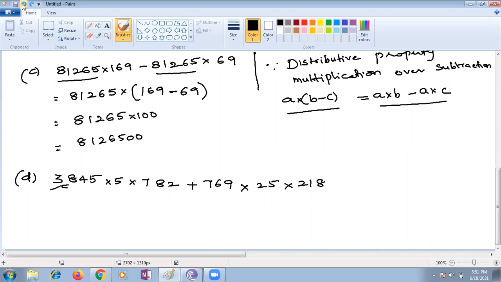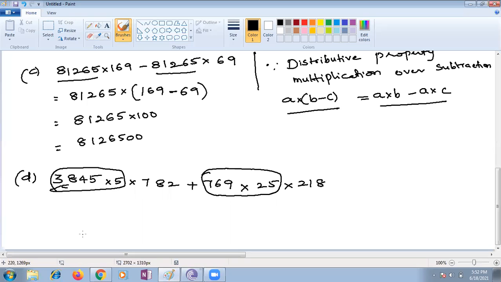3,845 into 5 into 782 plus 769 into 5 into 5 into 218.